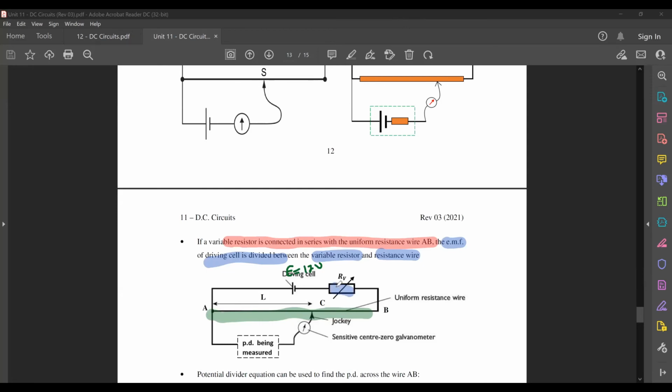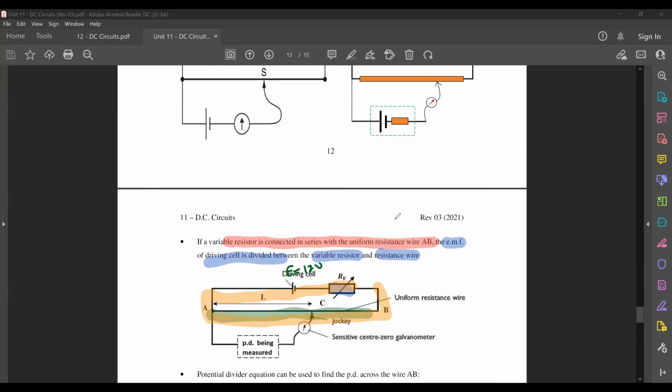If you were to try and apply Kirchhoff's second law through this entire loop, your total PD, your total EMF will be split between these two. So it could be that maybe you're getting 8 volts here and then 4 volts here. Okay, now maybe I go and change.